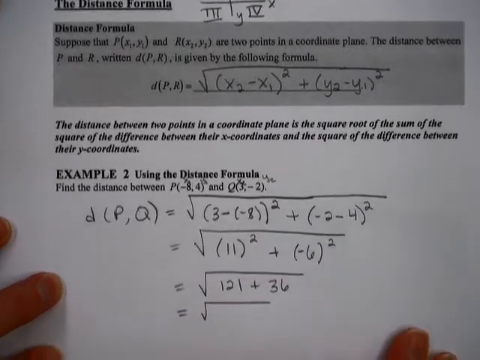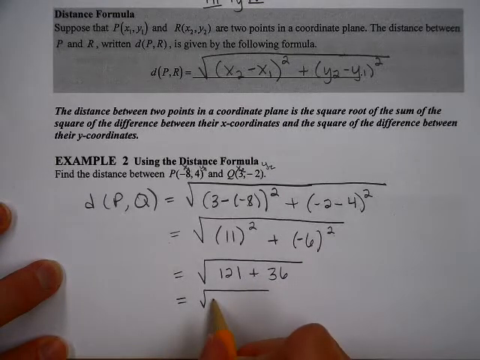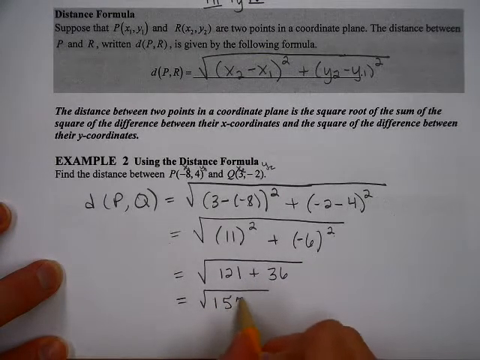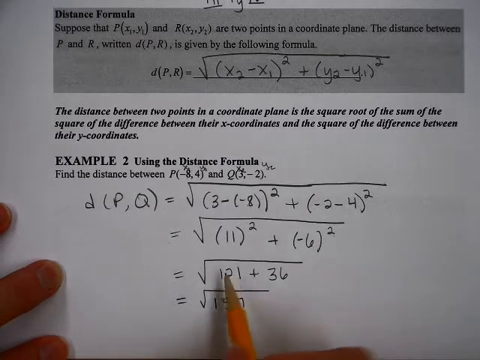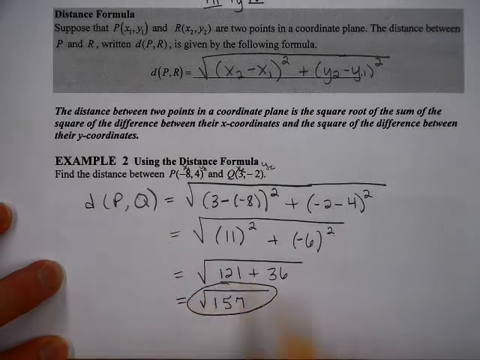The square root of 121 plus 36 becomes the square root of 157. Now we need to see, if possible, if we can simplify the square root of 157. We cannot, because there is not a factor of 157 that is also a perfect square. Therefore, this is the answer, the square root of 157.